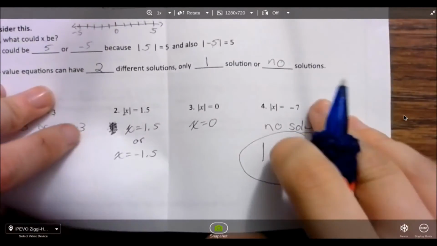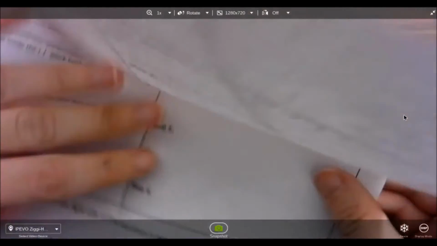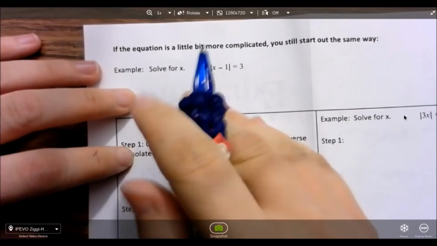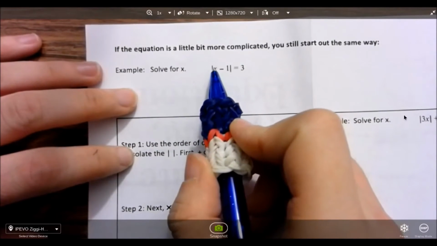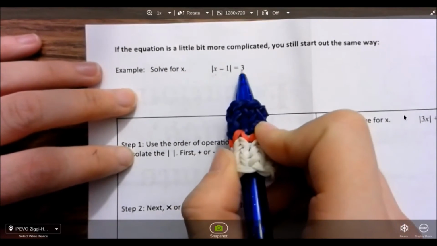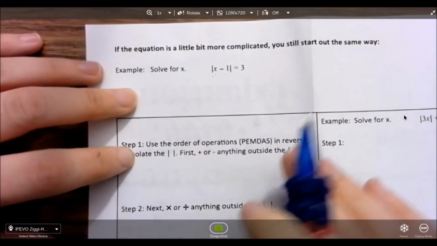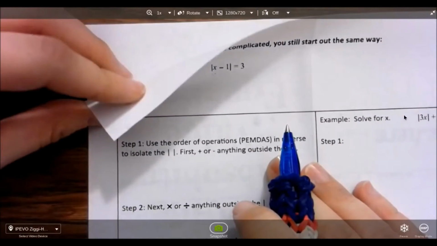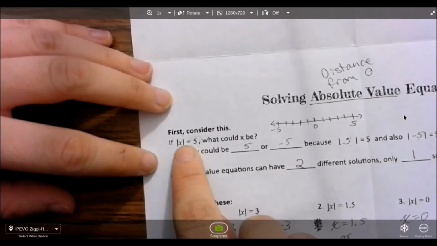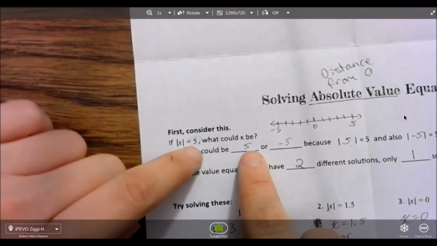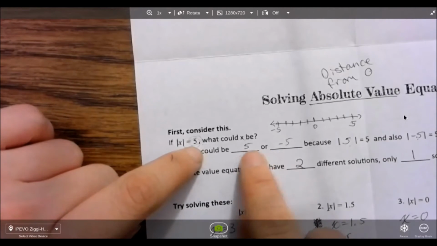All right, now let's look at one or two that are a little bit more complicated. Okay, so look at the first example at the top. We've got the absolute value of x minus 1 equals 3. Okay, so it kind of looks like what we had before. Let's just quickly flip back. Kind of looks like this, where we just took the right side of the equation and we had a positive or a negative.